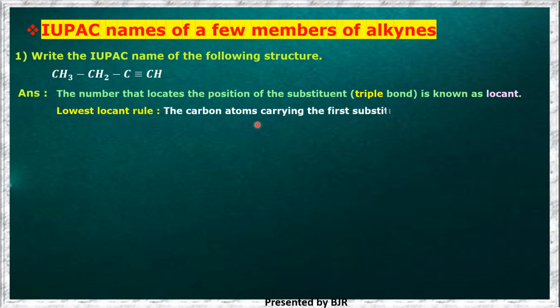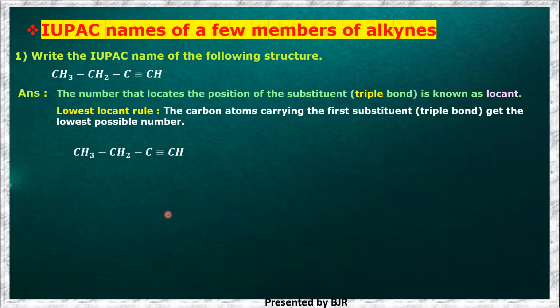The carbon atom carrying the first substituent, that is the triple bond, gets the lowest possible number. That means we have to give the numbering either from left to right or from right to left, isn't it? But numbering of the chain is to be done from the end which is nearer to the triple bond only.